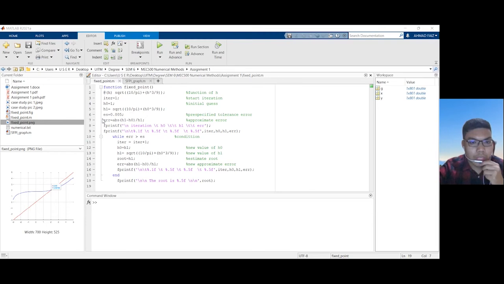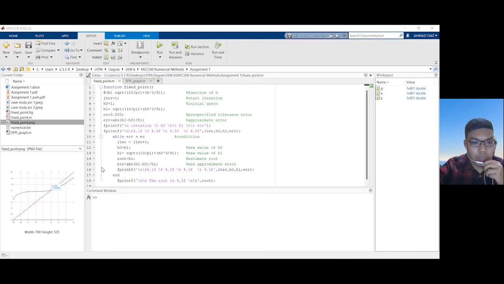The approximate error epsilon a is defined as err, and can be calculated using the equation absolute value of h1 minus h0 over h1. The next line is for displaying the title and the values calculated. In the while loop, the code will run until epsilon a is smaller than epsilon s. Then, the estimate root will be obtained.